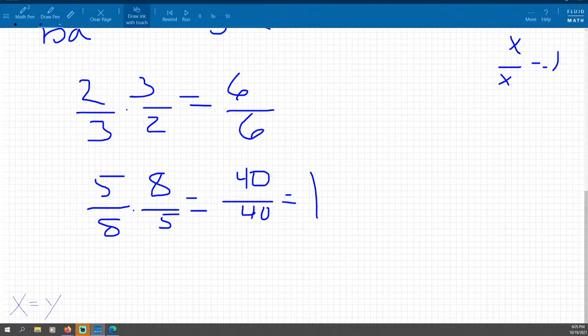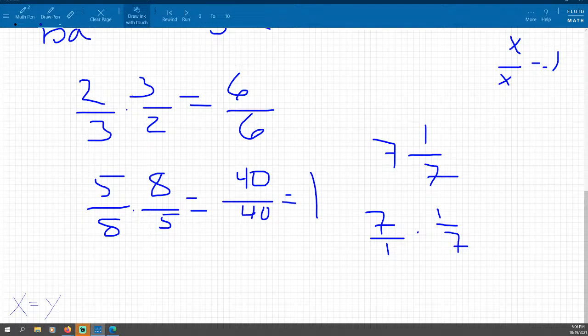Because think about what you're doing here. So let's say you have 7 and 1/7. So 7 can be rewritten as 7 over 1. So the reciprocal of 7 is 1/7. So if you notice, what you're doing when you do the reciprocal is you're flipping over and multiplying.